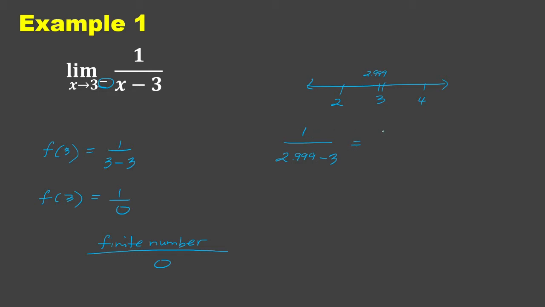So for the numerator, we have positive; over 2.9999 minus 3, we have a negative number. And then performing the operation, we have positive divided by negative, we have negative infinity. So for this example, the answer is negative infinity.